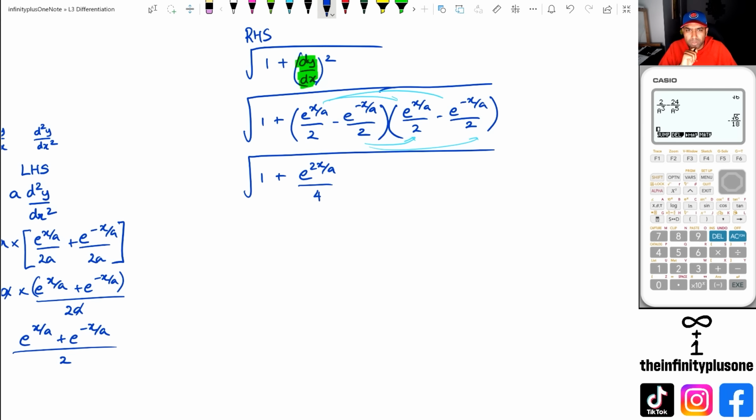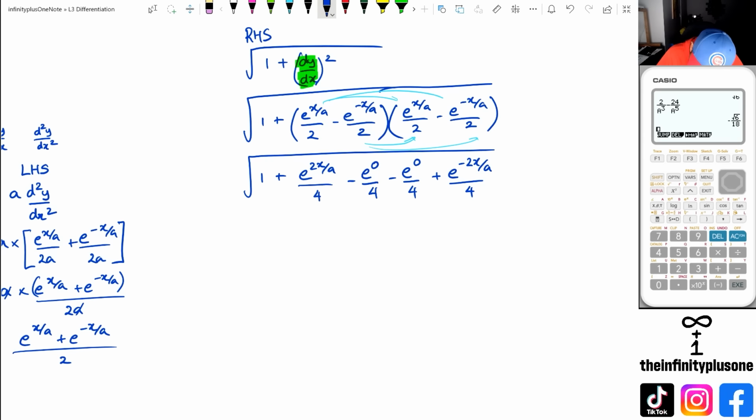Because that's going to become e to the power of 0. Oh, right. So this is going to become minus e to the power of 0 over 4. Then I'm going to get minus e to the power of 0 over 4 again. And then plus e to the power of negative 2x over a over 4.